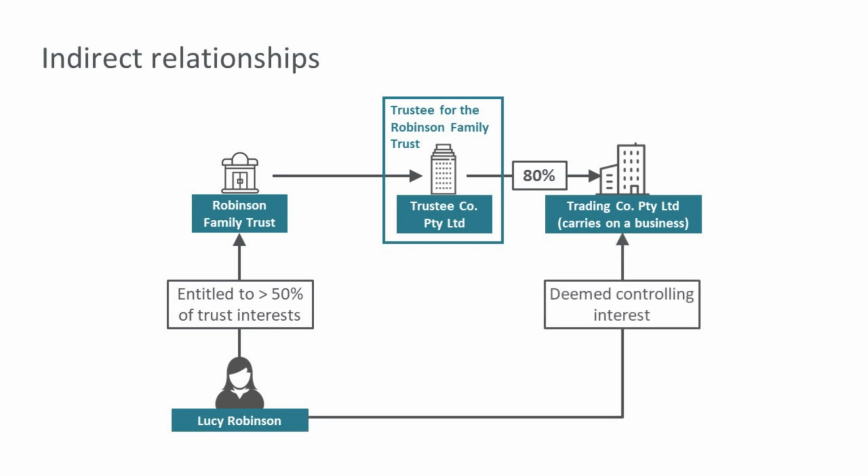Therefore, Lucy is deemed to also have a controlling interest in the trustee's business, Trading Co. Proprietary Limited. The Payroll Tax Act allows the Commissioner of the relevant state or territory revenue office to exclude or degroup persons from this type of group under certain circumstances.